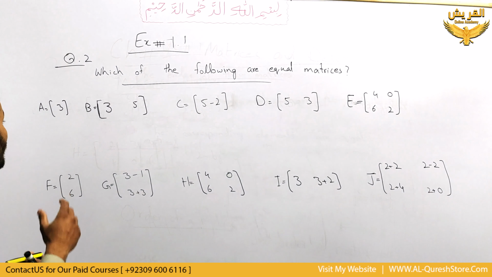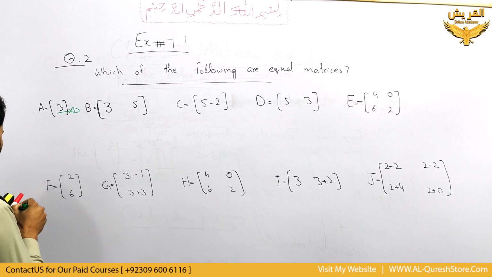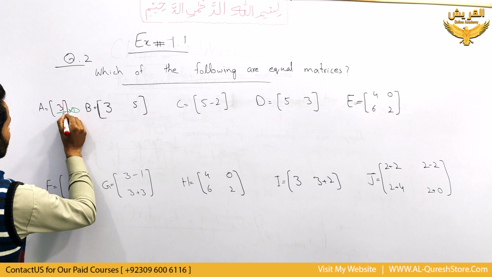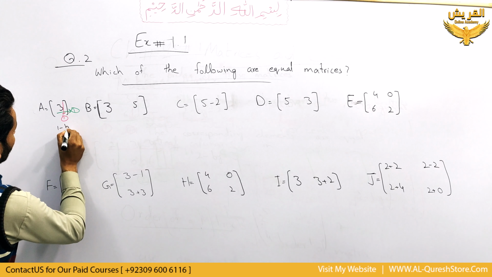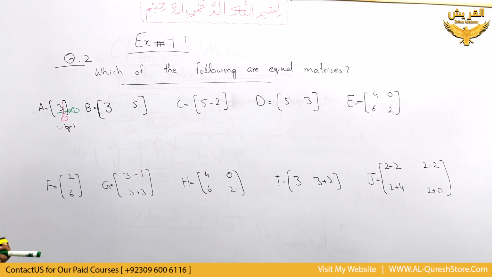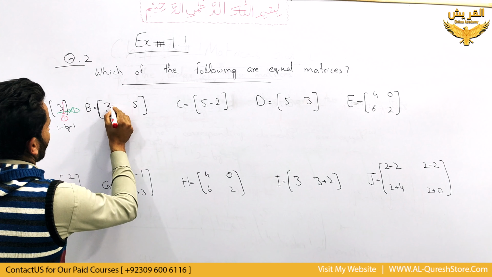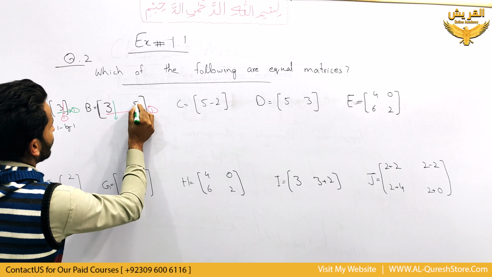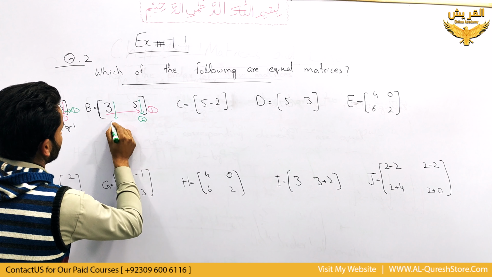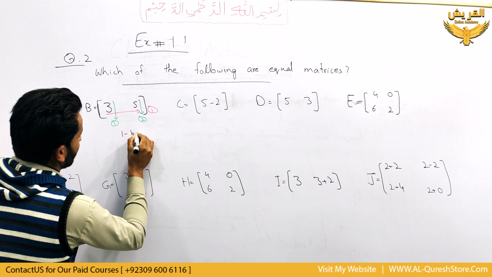Now we have to see from the first one. Look at it, its row is 1 and the column is also 1. So the order of this matrix is 1 by 1. See the next one. Number of rows is 1 and the number of columns is 2. The order of this matrix is 1 by 2.